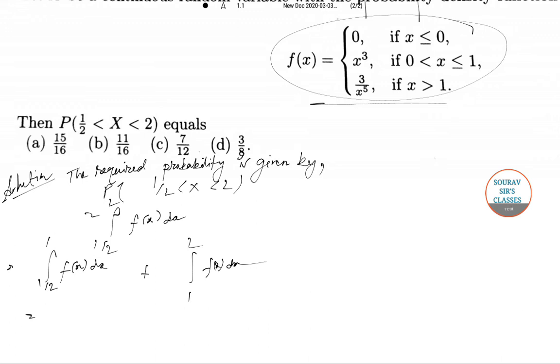Now from half to 1 we can see that f(x) has the value x cube, because half is strictly greater than 0 and x from 0 to 1 takes the value x cube for f(x). That is, from half to 1 f(x) takes the value x cube dx, and from 1 to 2 f(x) takes the value 3 by x to the power 5 dx.